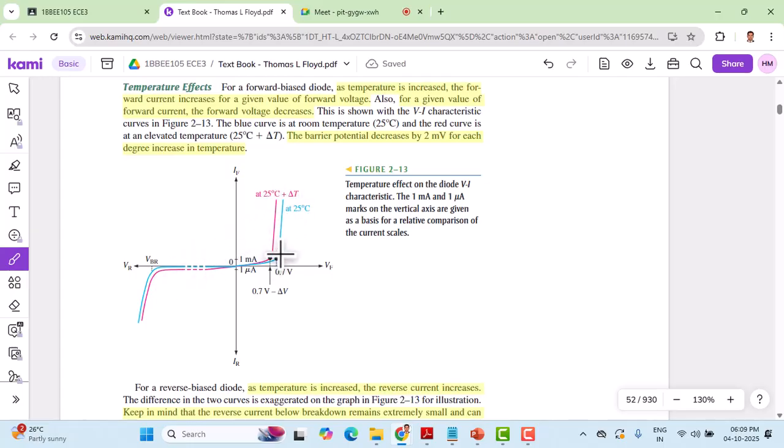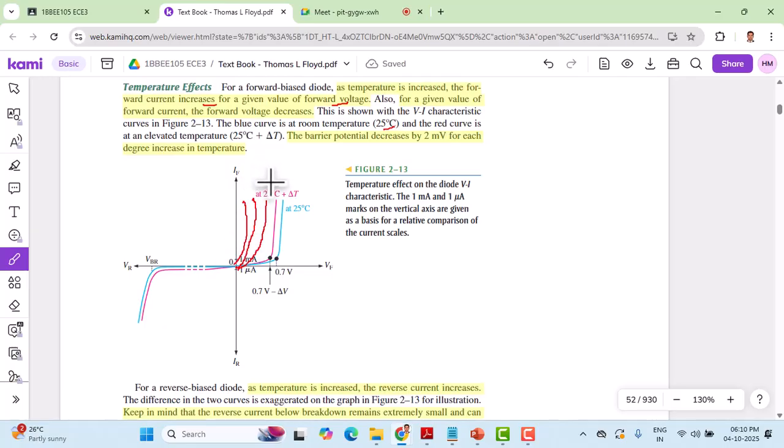Here the blue color shows the normal room temperature characteristics, which is 25 degrees Celsius, but the pink one shows when the temperature is increased by delta T. In the forward characteristics, you can see that the current starts increasing as temperature is increased, and the forward current increases for a given forward voltage. That's why the curve is very close to the y-axis. Further, if you increase the temperature, you may get curves shifting further in the same way.